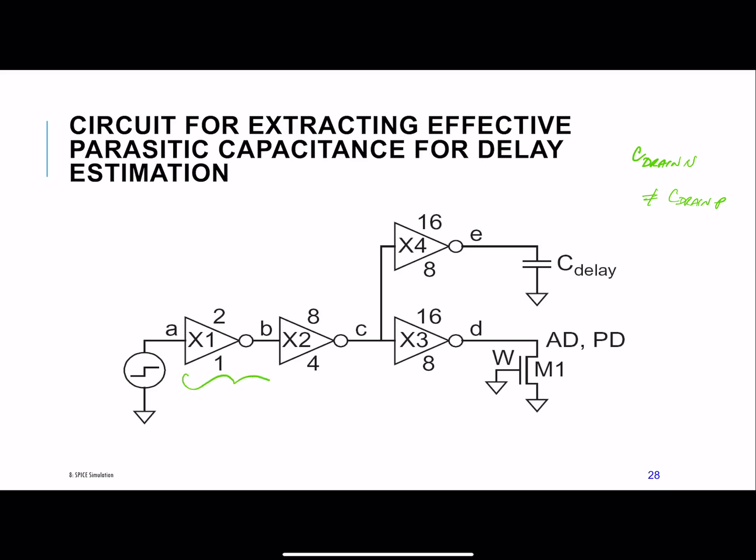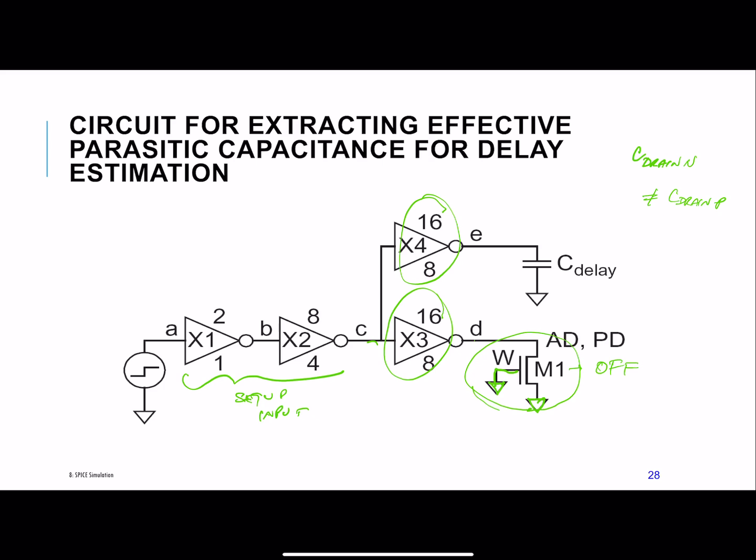So again, here you've set up your input, and you've got 2 identical devices that you're driving with that input. And here you've set up an NMOS device. You've hooked up the gate to 0, the source is at 0, so this device is off.